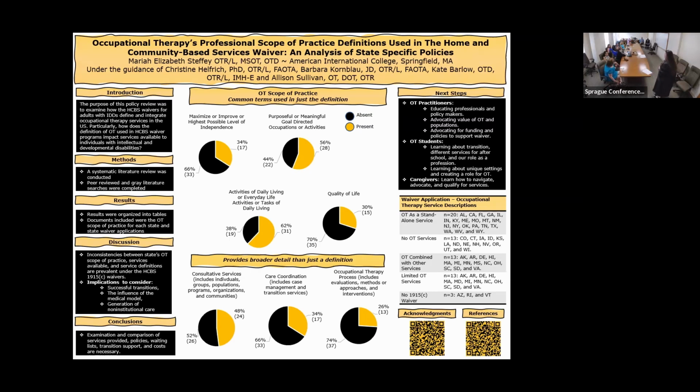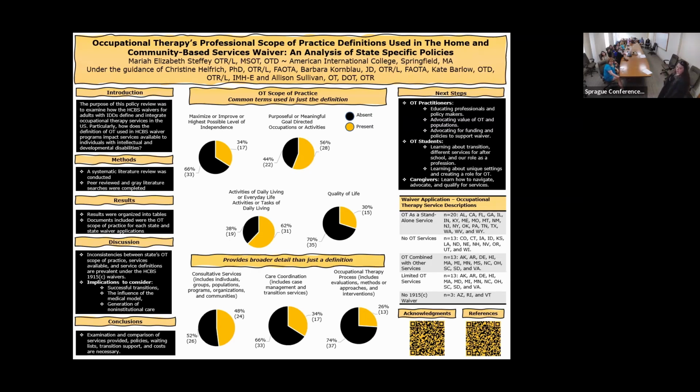So there's not really any clear definitions, and that's part of the reason why I looked at the OT scope of practice to say that all of these terms fall under both OT and the goals of the HCBS waiver. So that right there, in my opinion, shows that there's a case for OT already. If these are the goals of this program, then OT should already be addressing these areas.